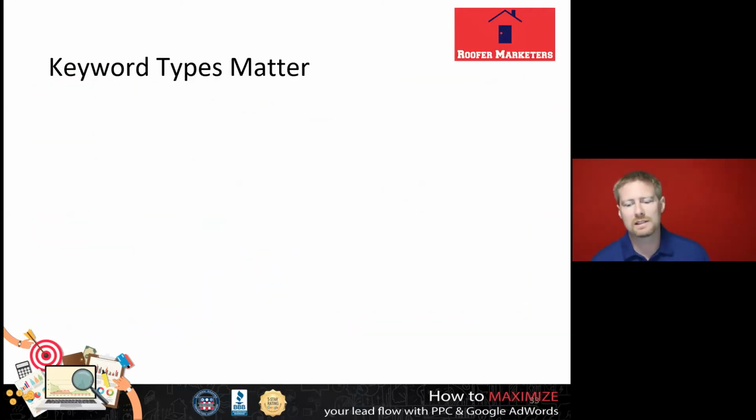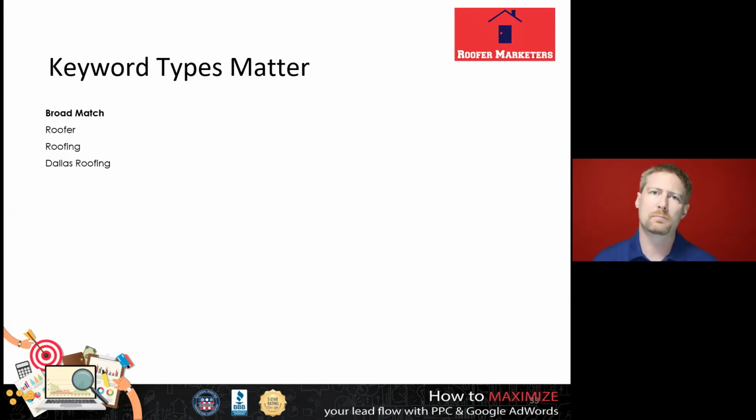So keyword types matter. Inside of these ad groups, we have keywords, we have search terms, and there are different ways that you can ask Google to display your ad for these search terms. The first is broad match, right?